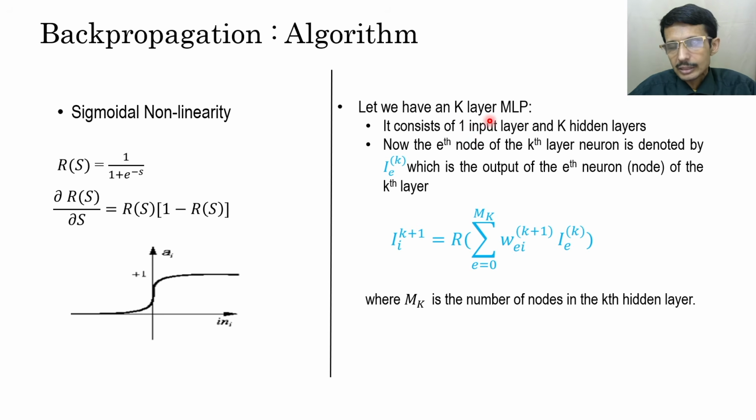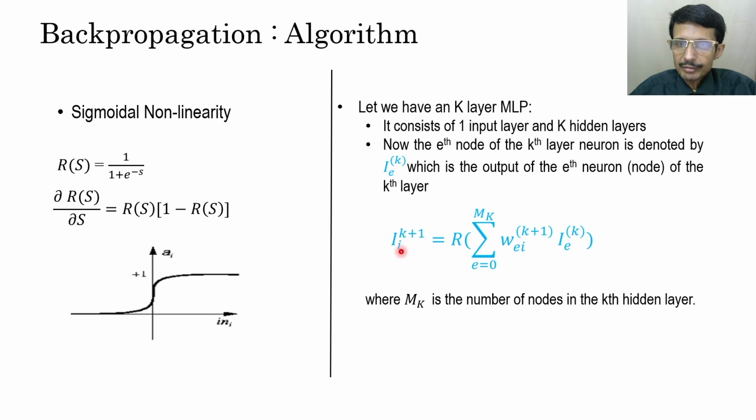Now again we define some notation. Let us have a k-layer multi-layer perceptron. It consists of one input layer and k hidden layers, as we have discussed earlier. The ith node of the kth layer neuron is denoted by O_ik, which is the output of the ith neuron in layer k.